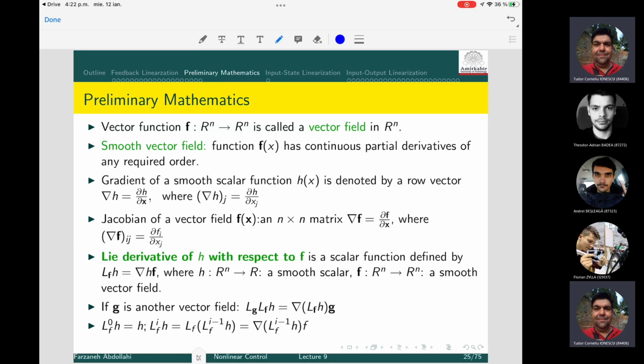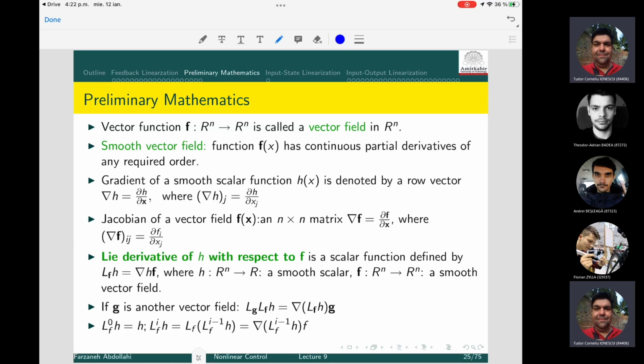The gradient of a smooth scalar function h is the row vector denoted by nabla h, which is dh/dx, where element j is dh/dxj, the derivative of h with respect to the state component xj.